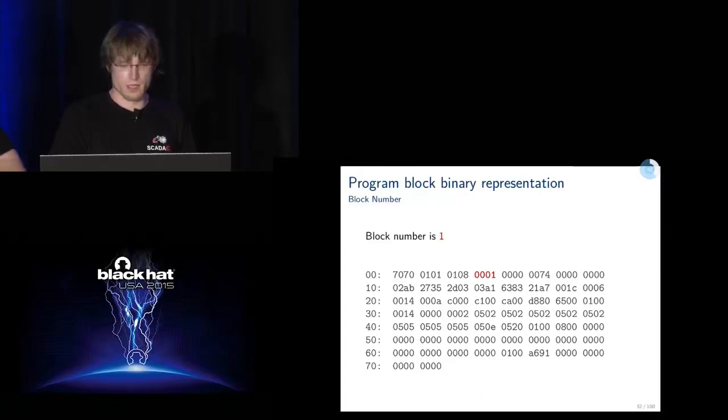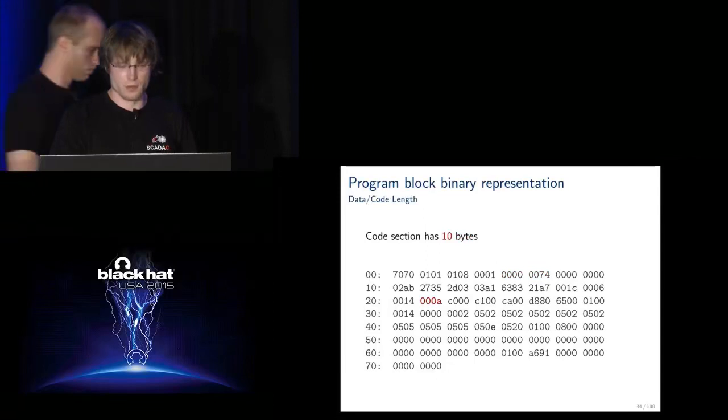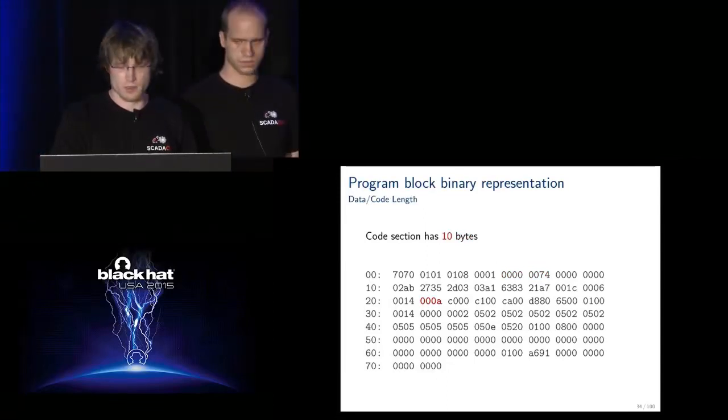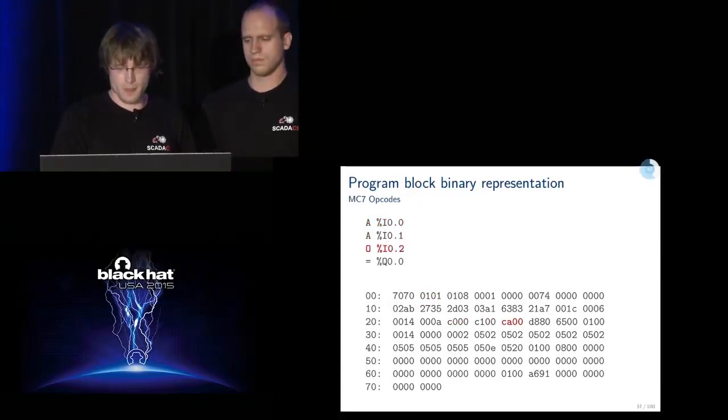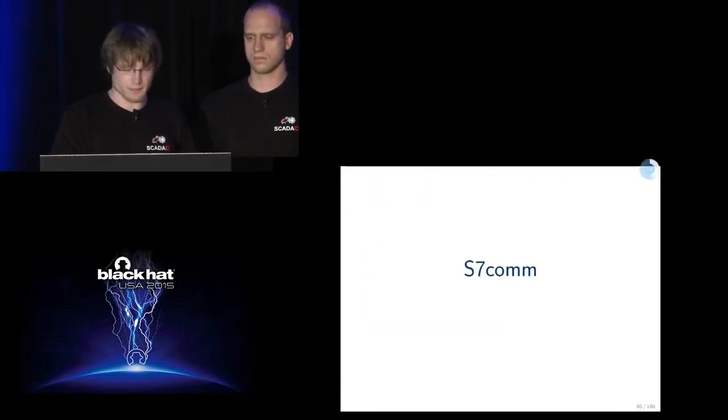Then we have 2 bytes of block number in big endian. Then follows the total block length of 116 bytes. Then we have some other data which is not interesting, but right before the code section, we have the code length of 10 bytes. Then we have the MC7 opcodes of each instruction, and at the end, an implicit block end return is added.